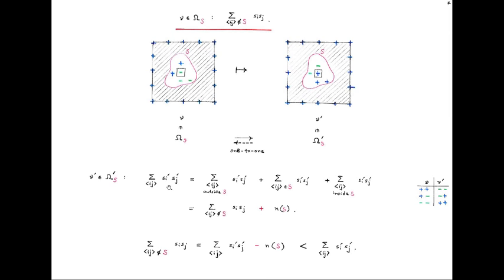Okay, so then the nearest neighbor bonds could either be entirely outside S, or entirely inside S, or they might be separated by S. So you have these three summands. Now, if you are entirely outside S, then Si prime Sj prime is the same as Si Sj, which you started off with, because you haven't changed anything outside the shoreline. So this would be the same as Si Sj.